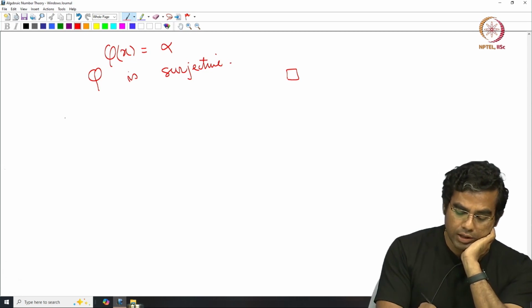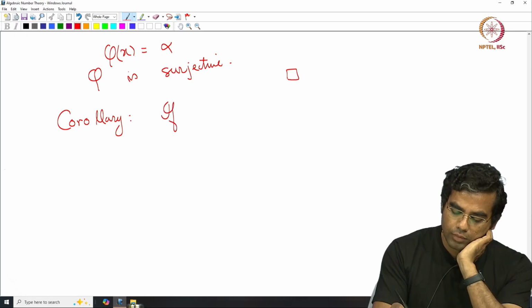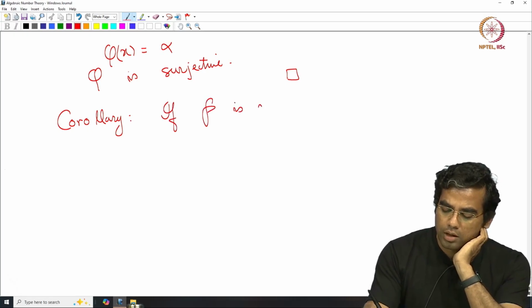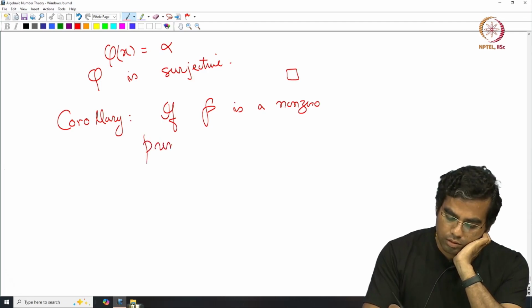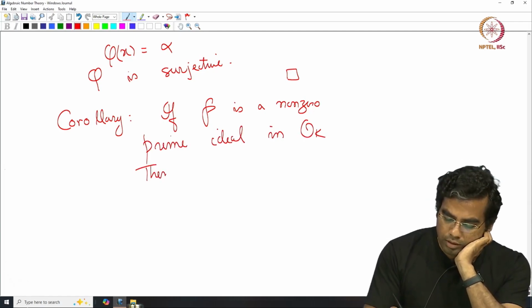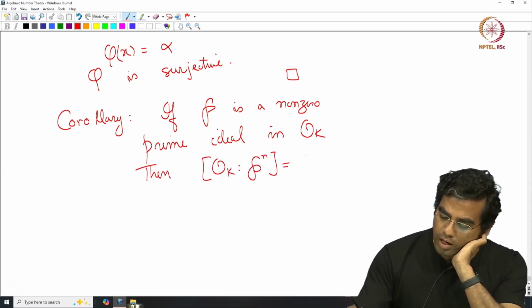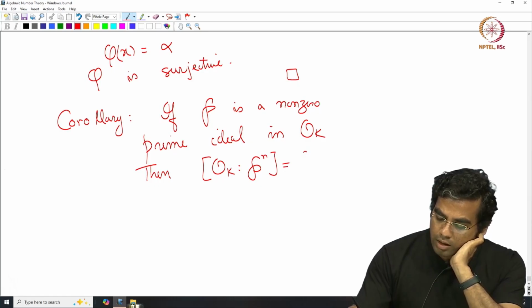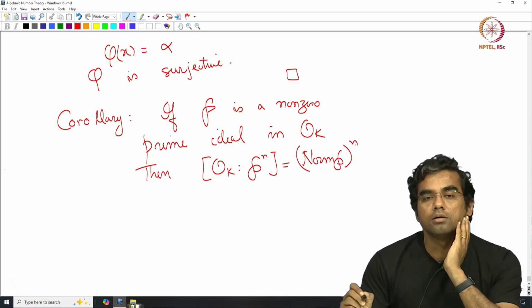So, in particular the corollary of this is that if P is a non-zero prime ideal in O_K, then the index of P^n in O_K is the same as the norm of P to the power n.